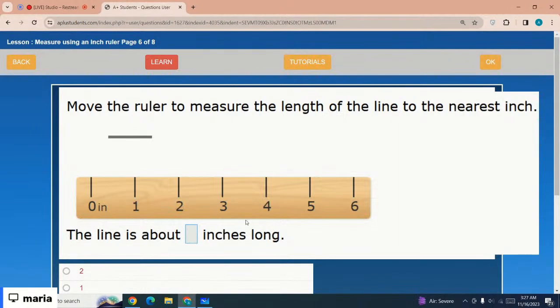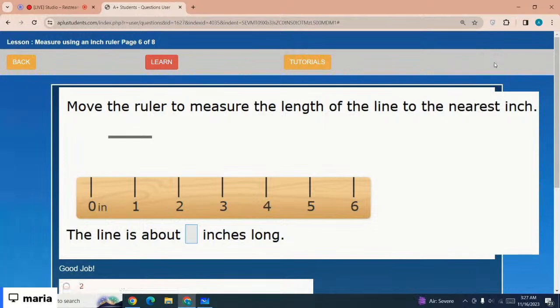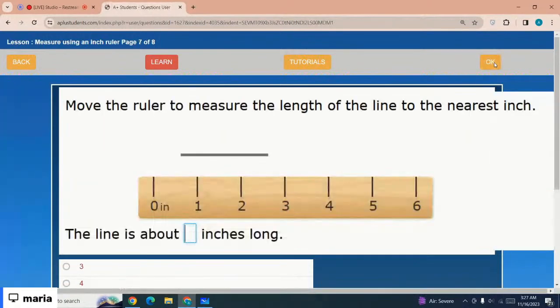Yes, that would be 1 inch long. Move the ruler to measure the length of the line to the nearest inch. So the line is about how many inches long?